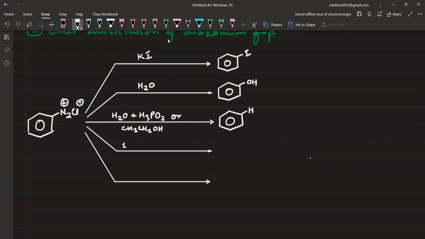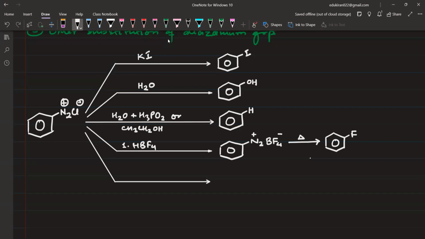Then next we have, you first of all add HBF4. Then what happens, you get a diazonium salt itself, that is N2 positive, and you get BF4 negative. When you further heat it, it transforms to fluorobenzene.